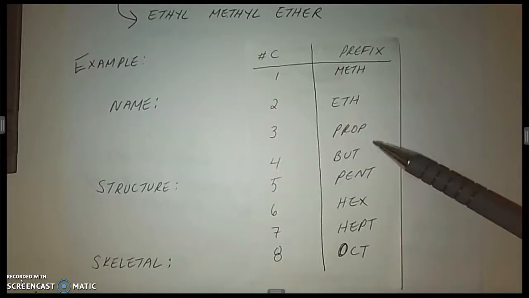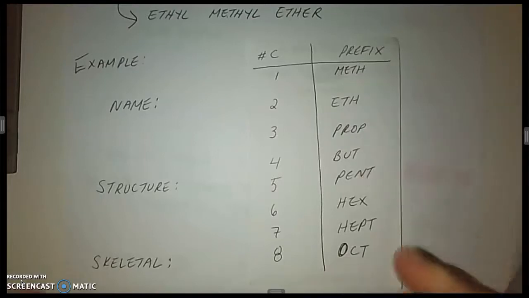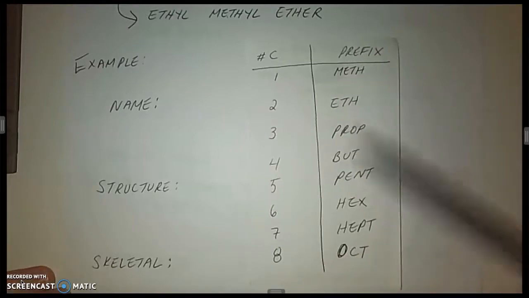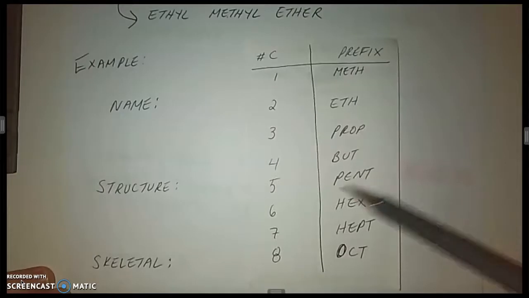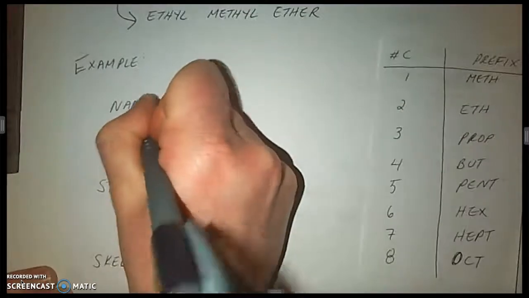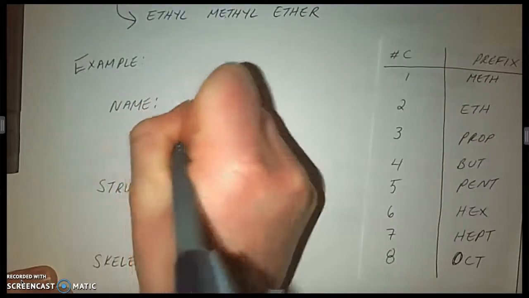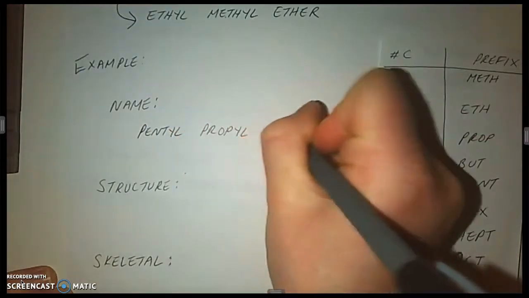But let's say we have propyl and a pentyl, okay? And then those both start with P, so I have to look to the next letter. Pentyl would come first alphabetically. So my name for that compound would be pentyl propyl ether.